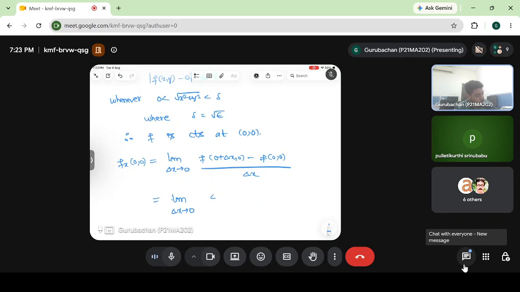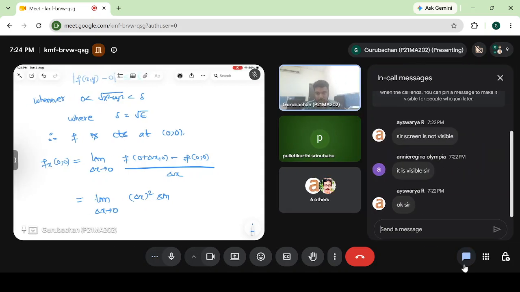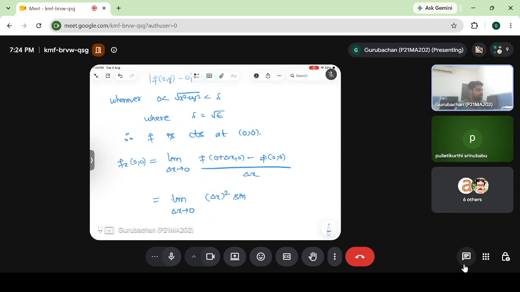This will be delta x square sine. Tell me what will you get?